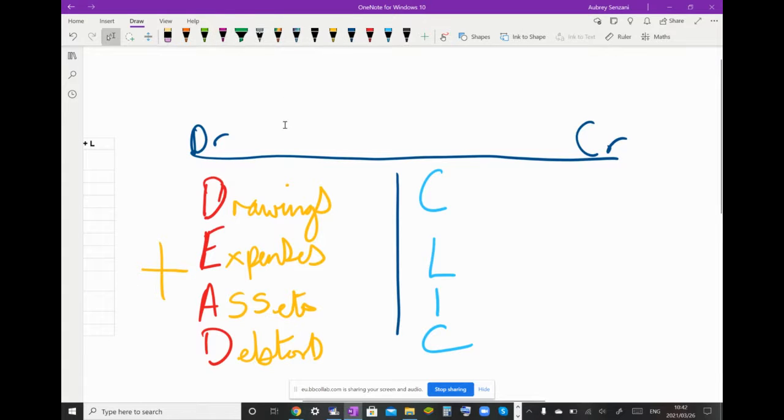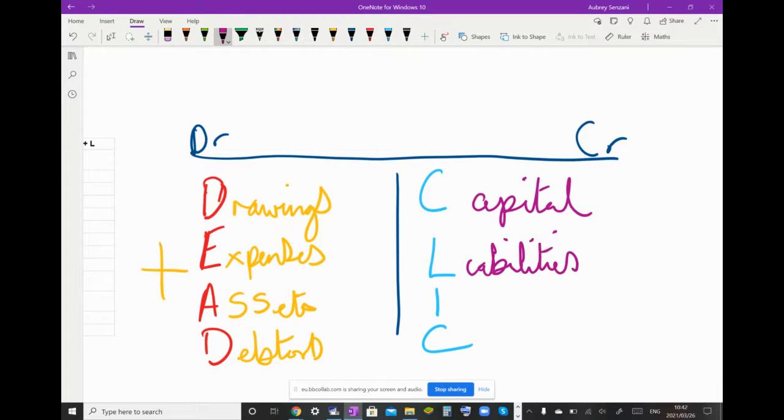So the first C stands for capital. All right, the L stands for liabilities. And then the I there stands for income. And then the last C there stands for creditors.